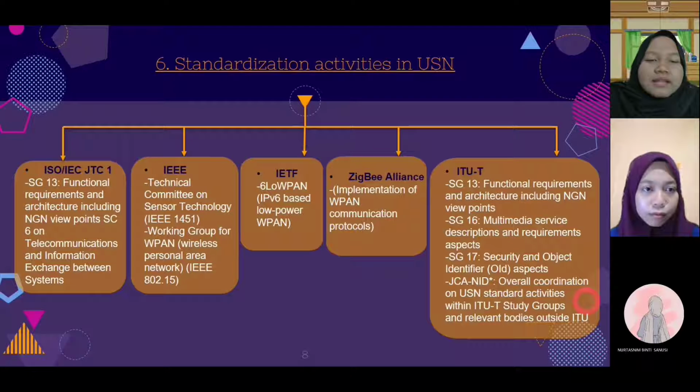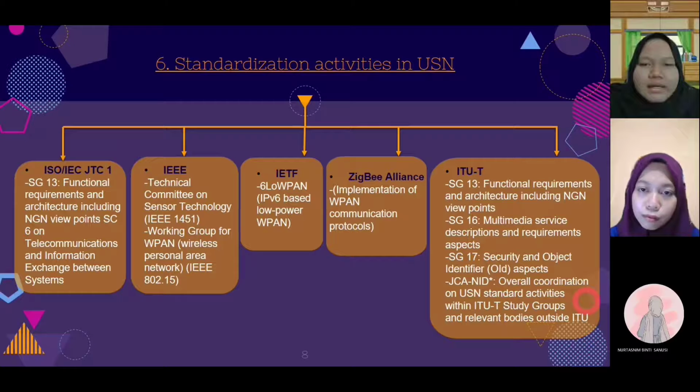IEEE: Technical Committee on Sensor Technology, IEEE 1451. Working Group for WPAN, that is Wireless Personal Area Network, IEEE 802.15. Next, IETF 6LoWPAN, IPv6 based low power WPAN.